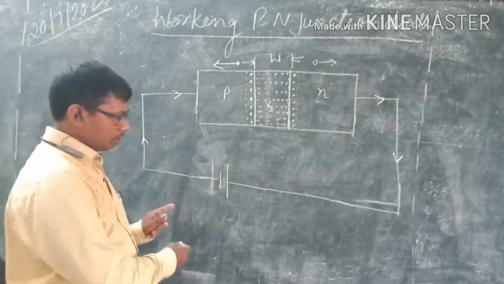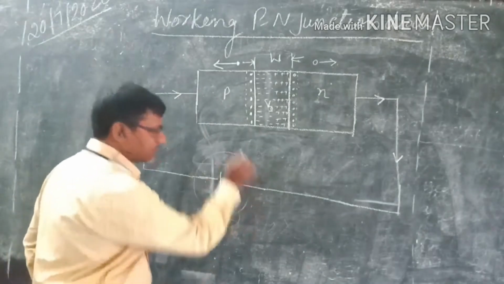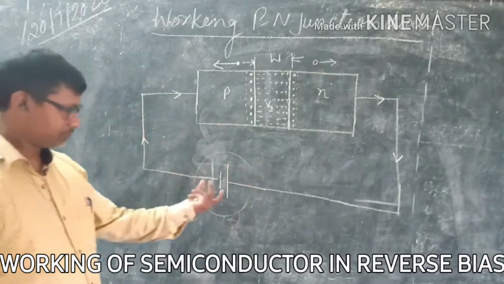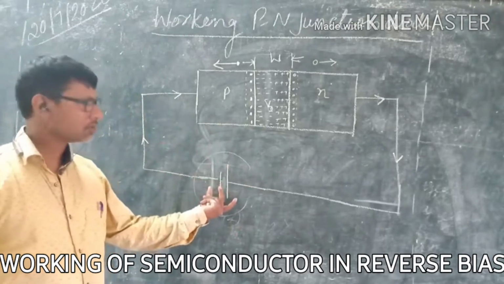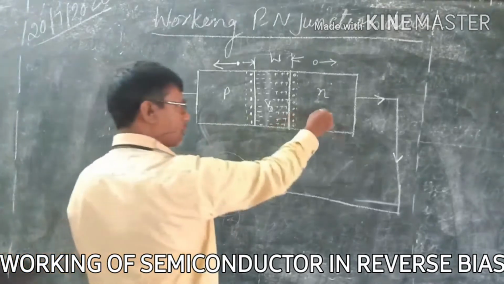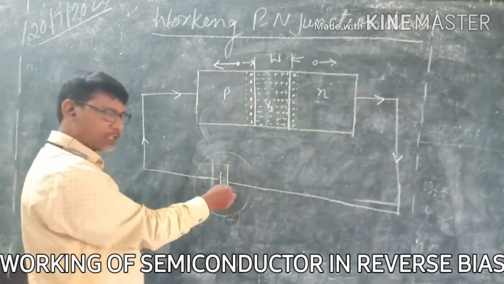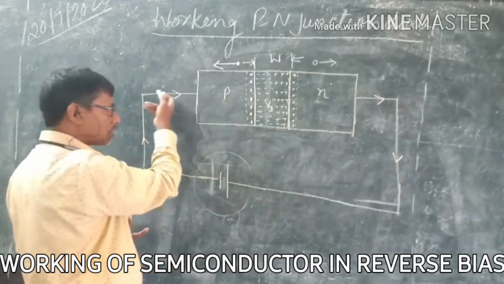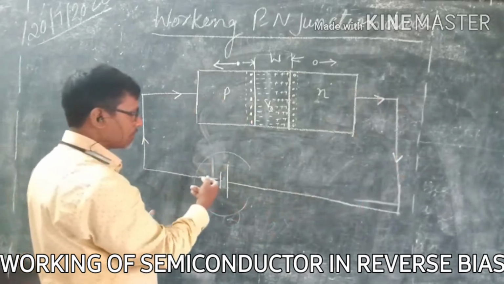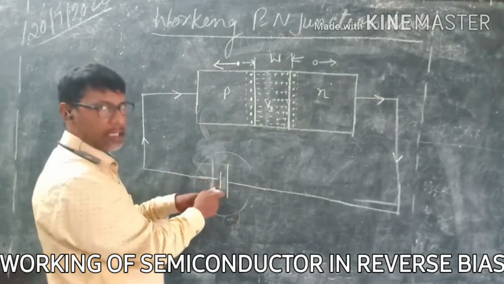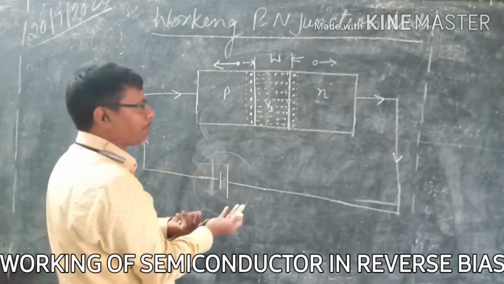From logical thinking about this type of connection, you can see the electrons will be attracted towards the P terminal, and the holes, that is the positive carriers, will be attracted towards the N terminal of the battery. So what will happen?